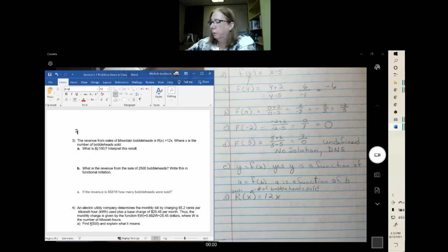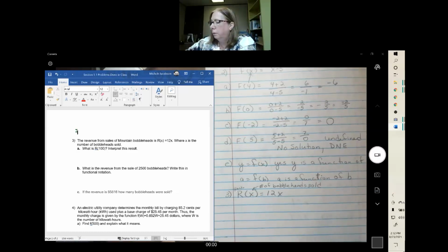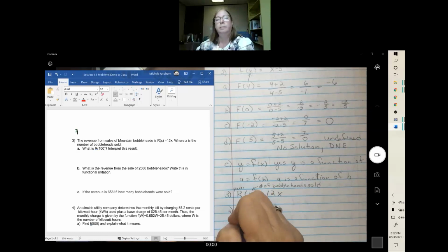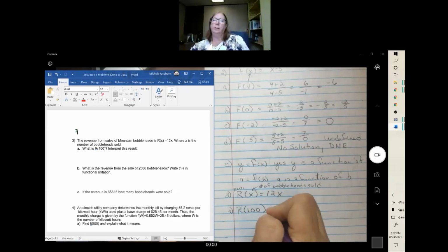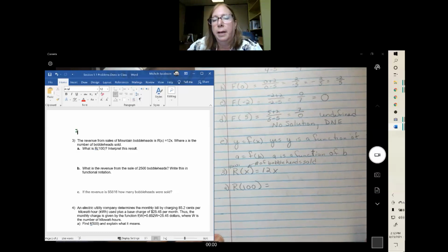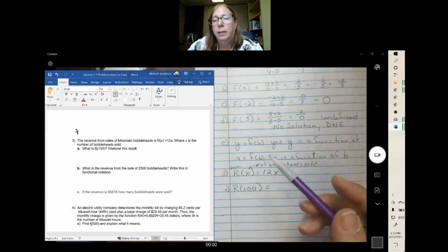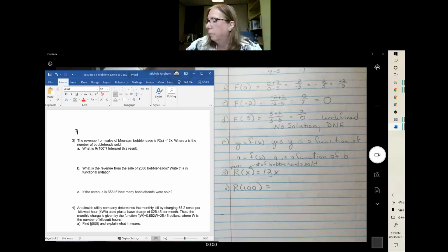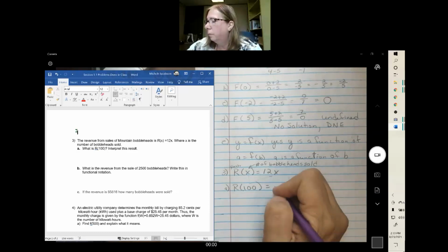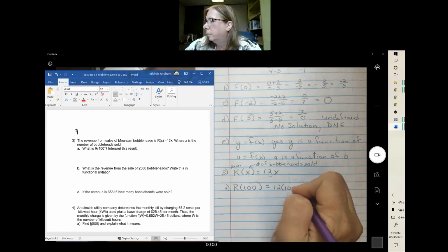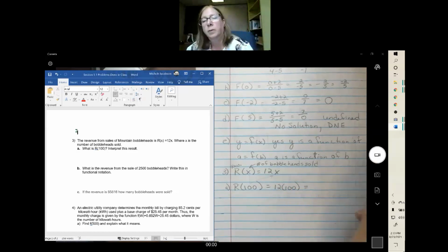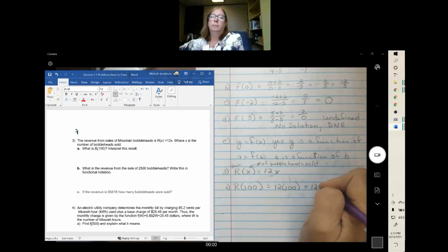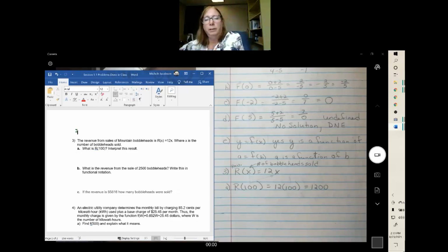What is R of 100? So just like in the last one, first thing we need to do, we were given x, so we plug that value in and see what we get. We get 1,200. 100 was the number of bobbleheads, and we know our answer is revenue.